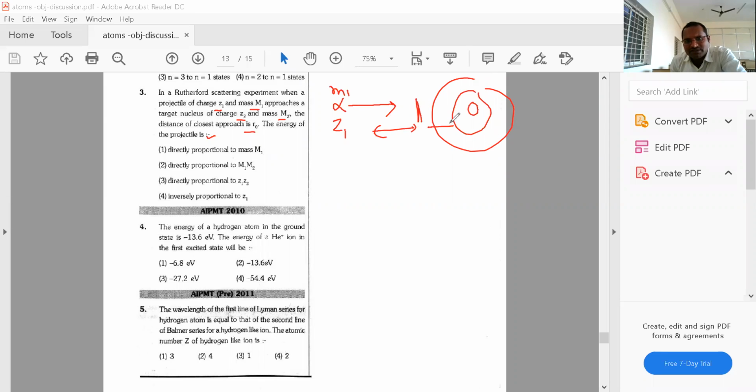After that it won't travel forward, because at this distance the kinetic energy of this particle will be equal to the electrostatic potential energy.